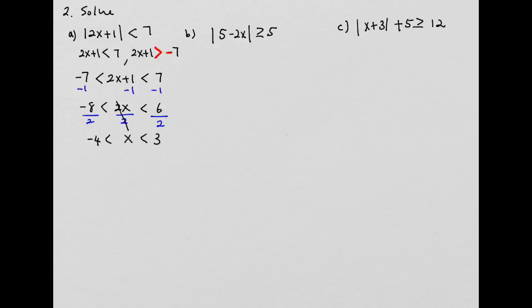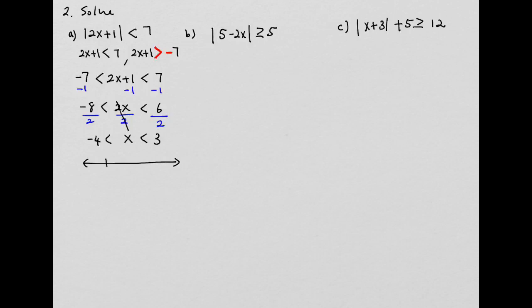So your solution is x, because you always read from the variable. Since the variable is in the middle, you will say x is smaller than 3, greater than negative 4. And whenever you are solving an inequality, we need to answer with a graph and interval notation. I like to graph first.